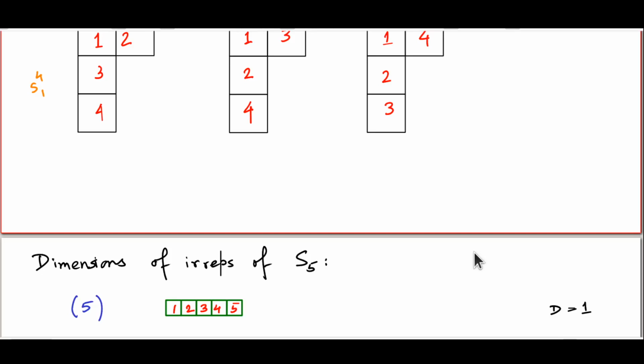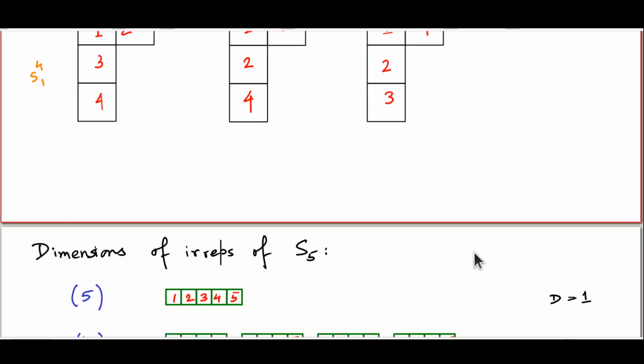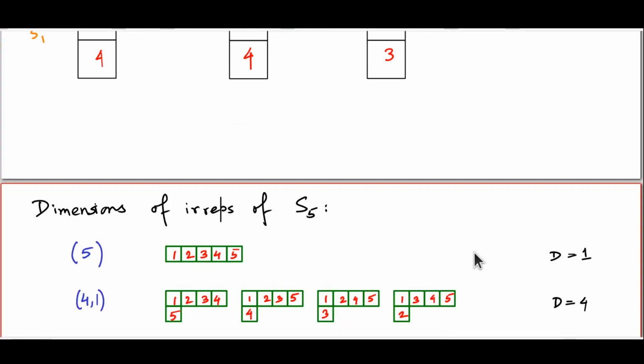Let's come to the next partition, which is 4, 1. The corresponding Young diagram, of course, will be 4 along the first row and 1 in the second row. Now, if you fill up these 5 blocks in a given Young diagram, adhering to the rules, it's obvious that 1 has to go and sit in the top corner.